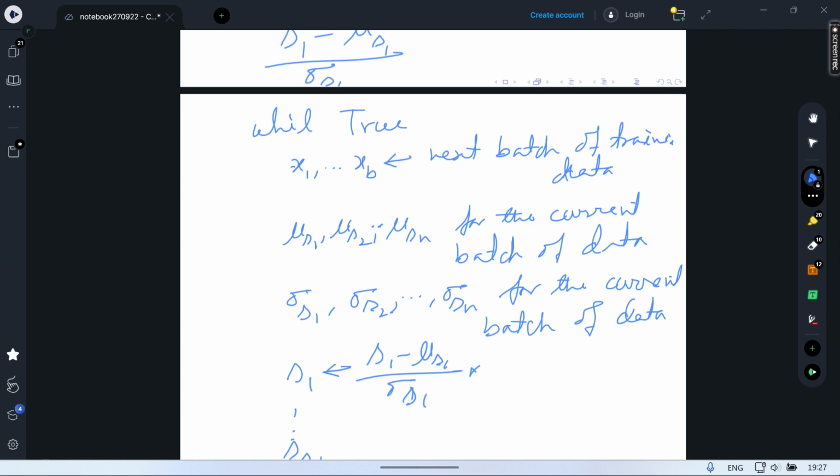In general, if you use a very large learning rate, your training becomes very unstable, and the loss does not get reduced properly. But if you use batch normalization, you can use a larger learning rate. As a result, you get much faster convergence of your training algorithm.